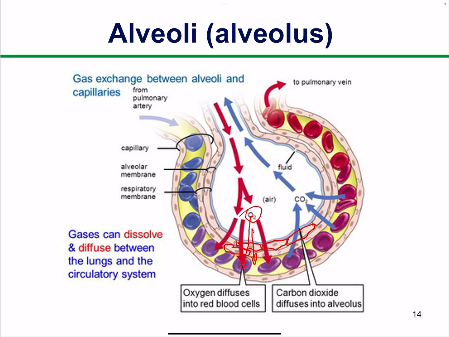By the same token, the blood that is rich with carbon dioxide is going to see carbon dioxide diffusing from the blood vessel to the lung alveoli, so that carbon dioxide can be expelled out.